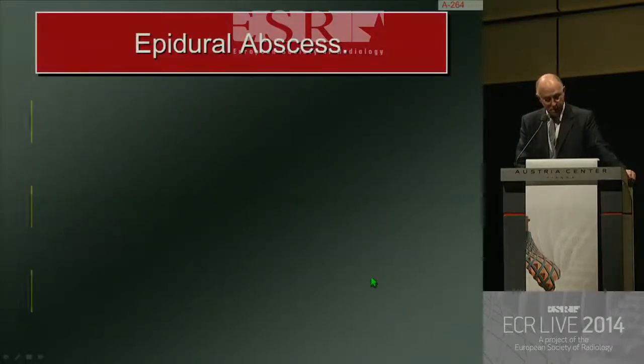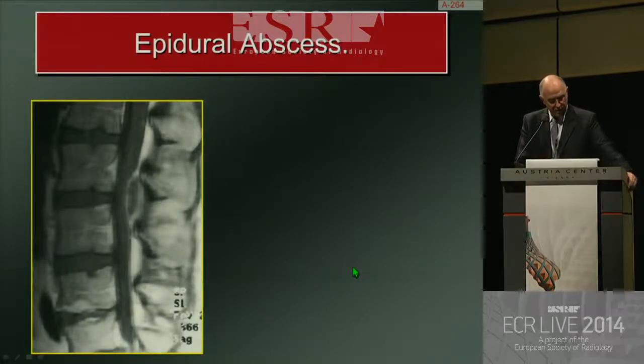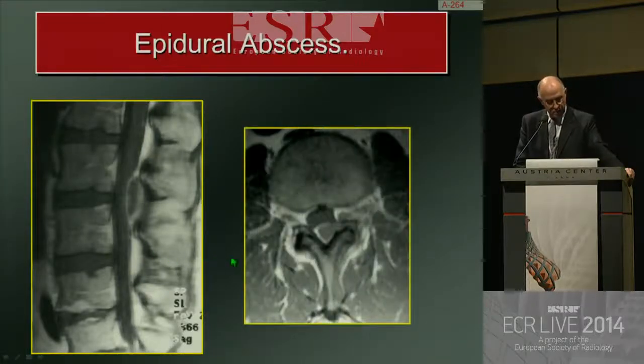Epidural abscesses are also very important to identify. Sometimes they're localized. This is a post-contrast image showing a posteriorly located abscess. But please remember, there is no barrier to stop that epidural abscess from spreading right up to the foramen magnum and all the way down to the sacrococcygeal region.